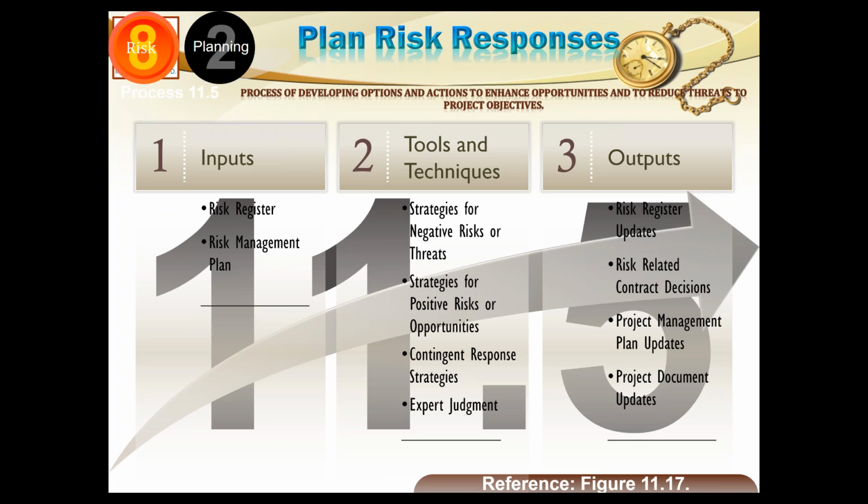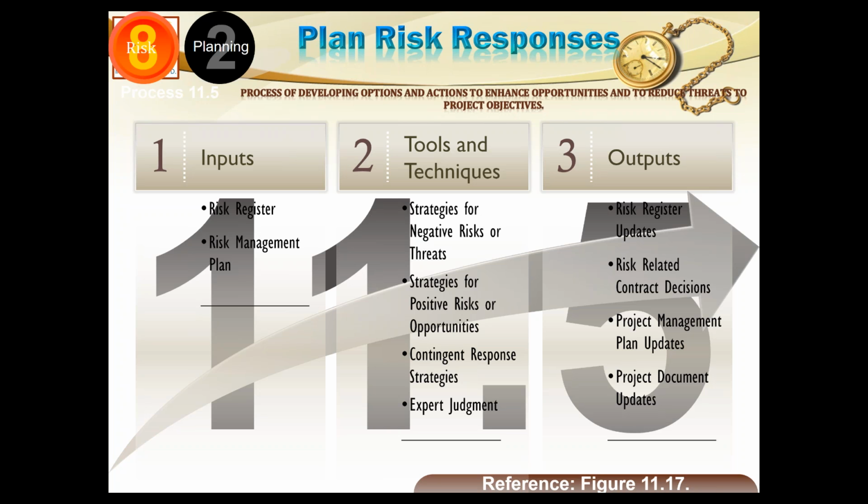We'll pick up the risk register and the risk management plan as the input, and we apply those strategies to them. And in addition to that, we have contingent response strategies. How do we respond to the contingencies? We use the expert judgment in that, and whatever strategy we have selected, we update the risk register accordingly.